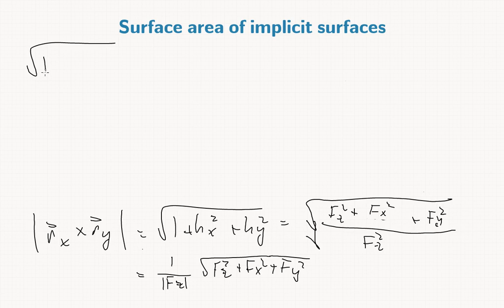But root fx squared plus fy squared plus fz squared is exactly the magnitude of the gradient of f.